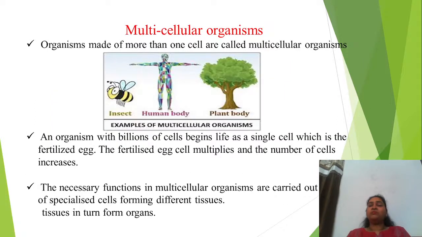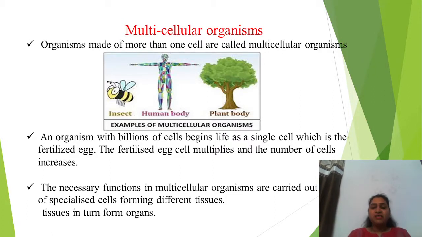Then, what is a multicellular organism? Organisms which contain more than one cell are called multicellular organisms. For example, human beings, plants, insects are examples of multicellular organisms. An organism with billions or trillions of cells starts its life as a single cell. How is it possible?